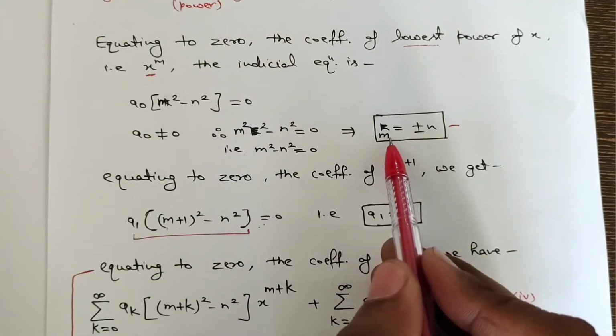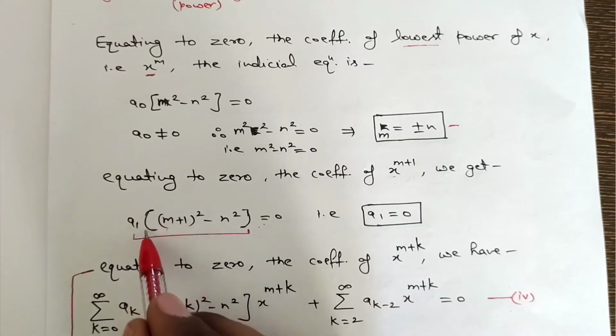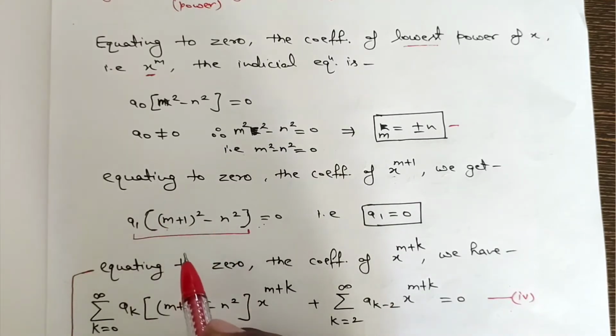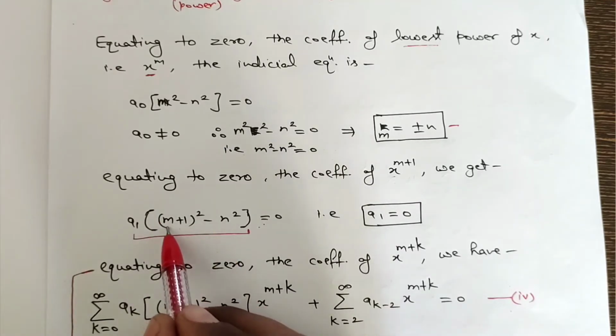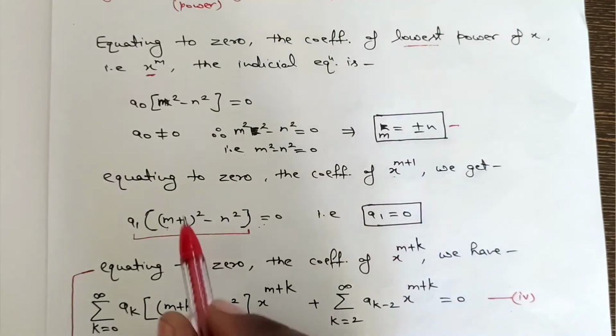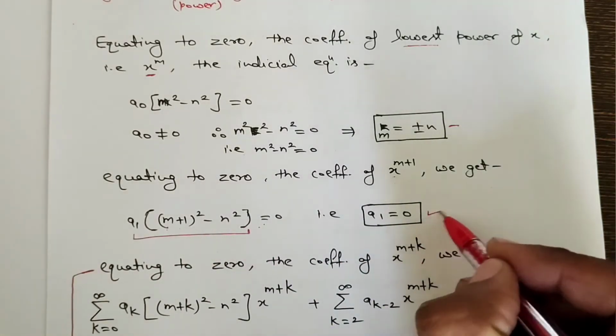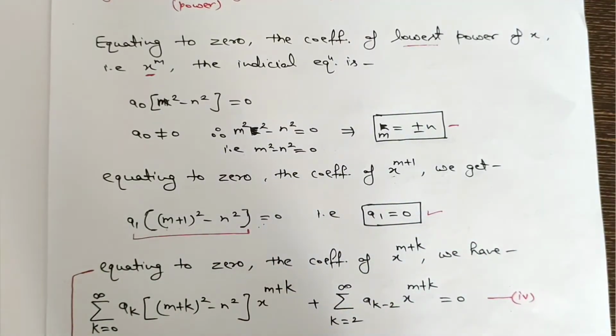For either of the values of m, whether it is m equals to plus n or minus n, the term in this bracket cannot be 0. When m is n, obviously it will be a1 into 1 equals to 0, so that will give a1 equals to 0. Similarly, when m equals to minus n, this term inside the bracket will not be 0, so the only possibility coming out is that a1 must be 0.